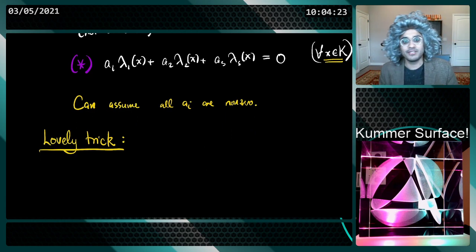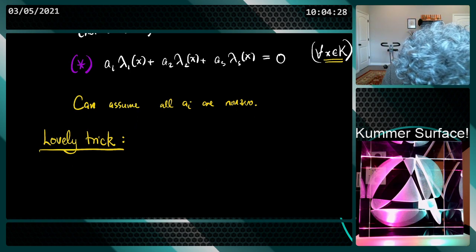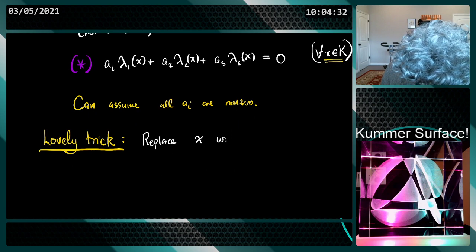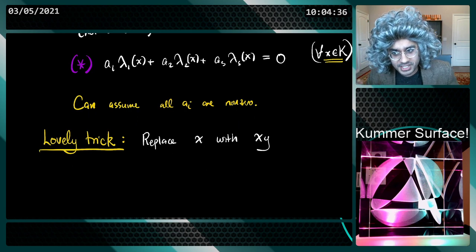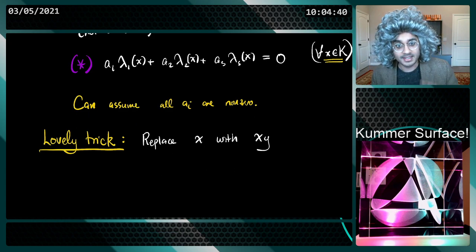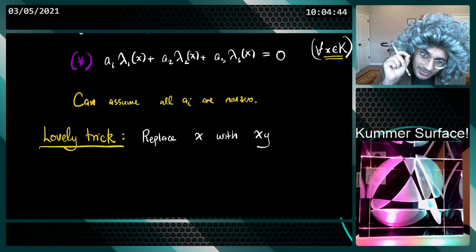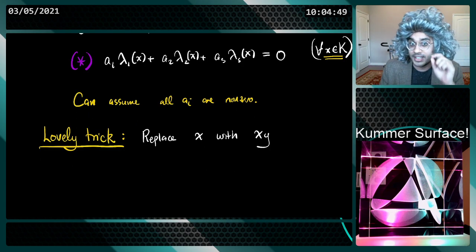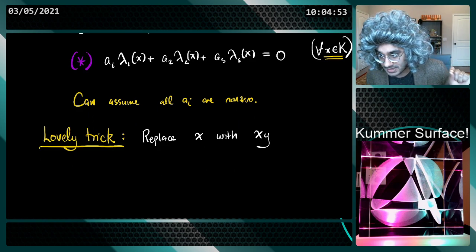Okay, so here's a lovely trick. Replace x with x times y everywhere. It's also a trick you see in manipulation of Gauss sums. You've seen that? Anyway, so replace x with x times y. Notice, very importantly, crucially, we use the field homomorphism structure. They're not just random maps, lambda.